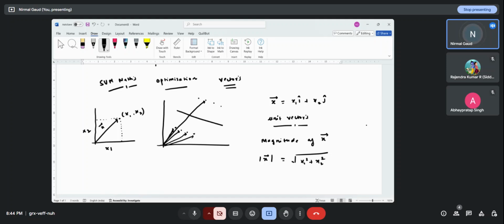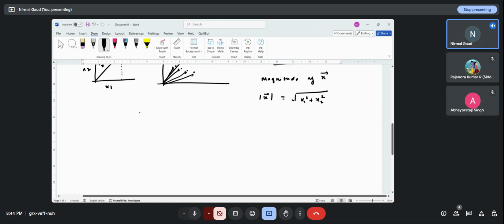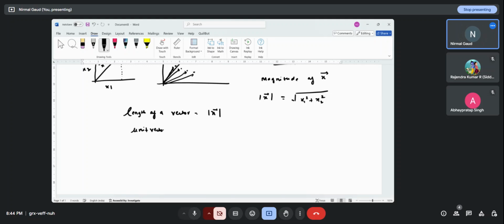Okay, and we have also studied in maths the length of a vector. Also, the unit vector, where we say vector divided by its magnitude or length, then it is said to be a unit vector.